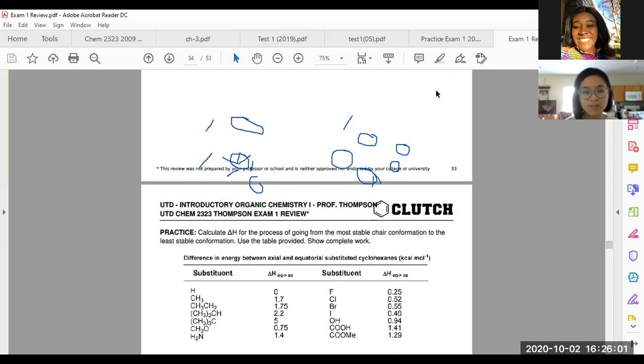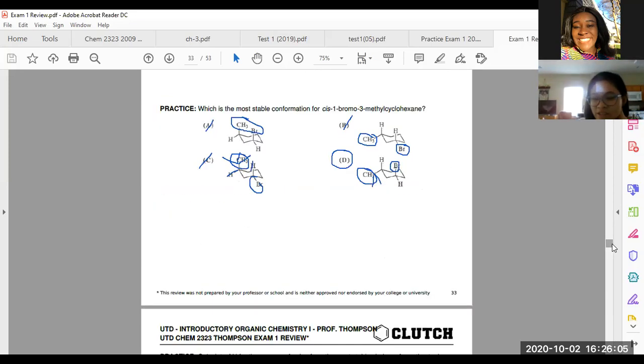Oh wait, so for that one, because it tells us the chirality, could I check the chirality around those carbons to pick the one that's more stable? For this one, yeah, I guess we could check the chirality, right? To figure out which would be the most stable. You could, but it's typically easier when you do more practice problems, you kind of get it.